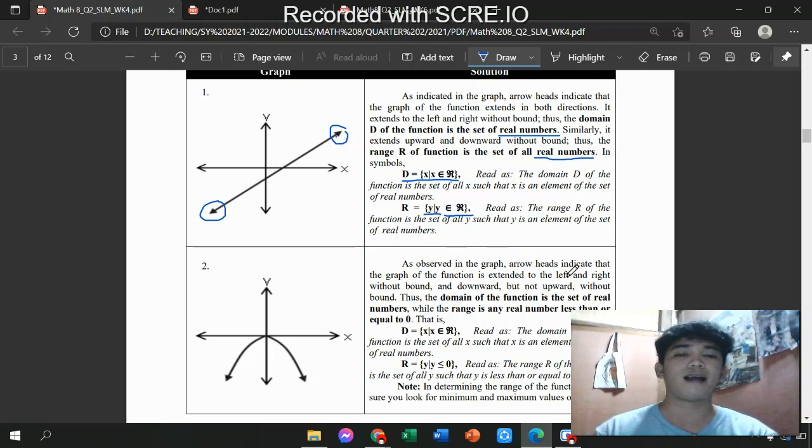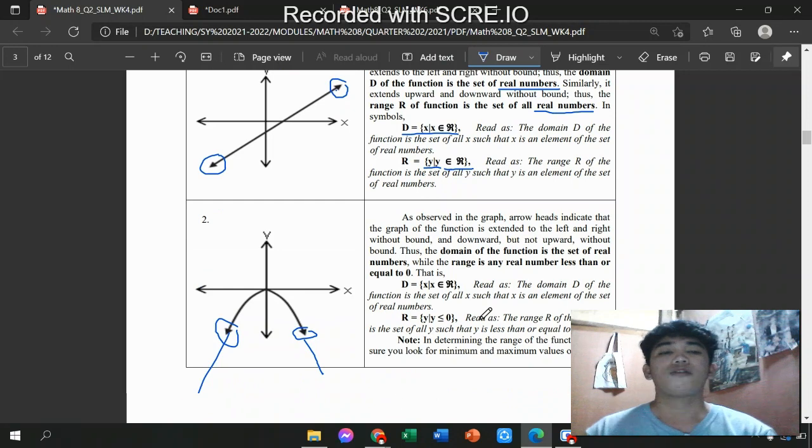As observed in the graph, naa po siyay arrowheads, diba? So this means that this also extends all the way down without bound. The graph of the function extends to the left and right without bound.